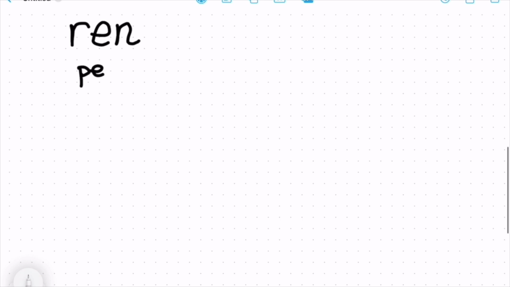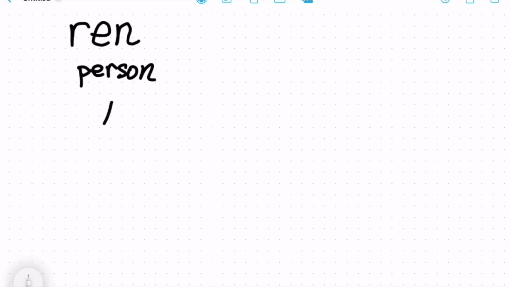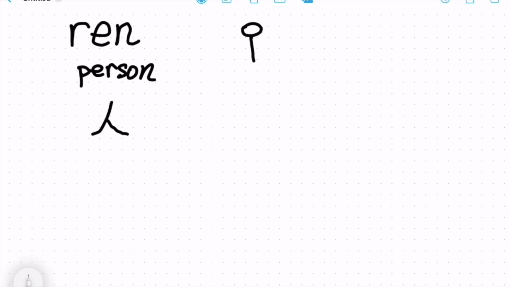The second character we learned in part 1 is 人. It means person. It could also mean people or human. This is how you write 人 in Chinese. If I was a cave person, I would draw a person like this, but then I would not be able to come up with the story of the evolution of the character 人.